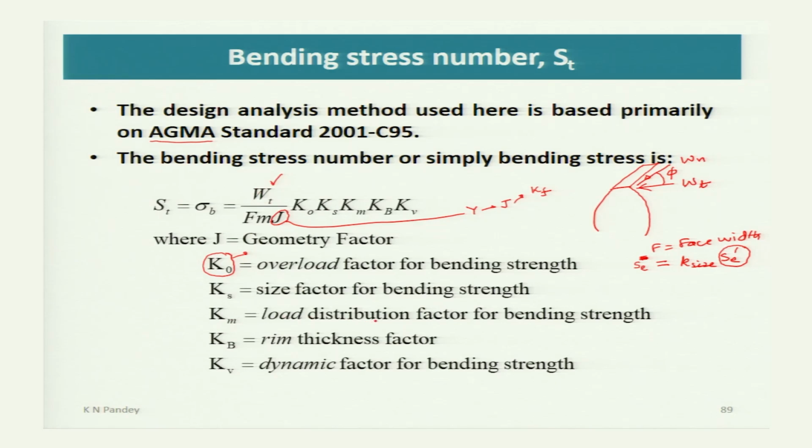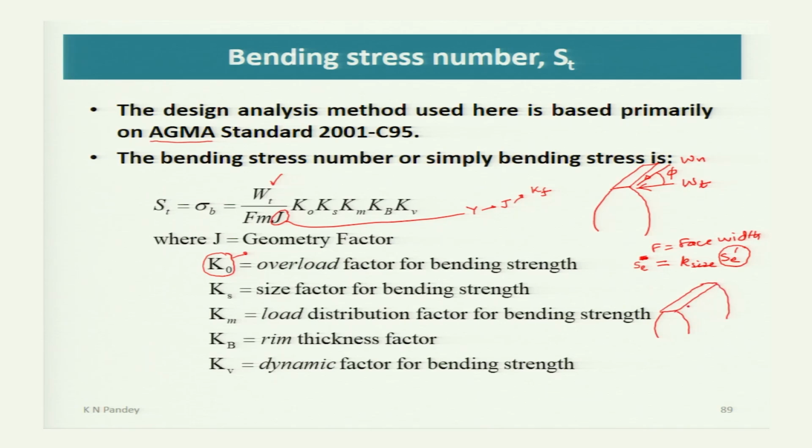Next is the load distribution or mounting effect. One of the assumptions Lewis took was that the load was considered to be distributed uniformly all along the width. This is the gear tooth.